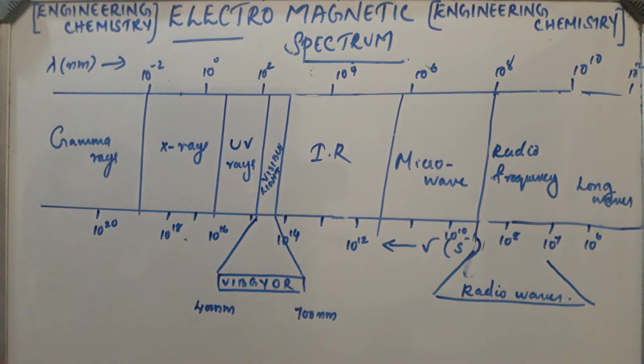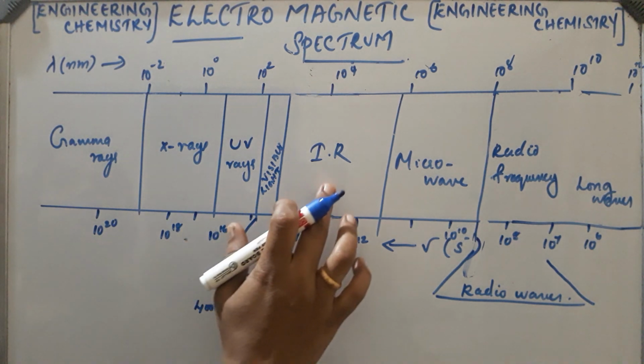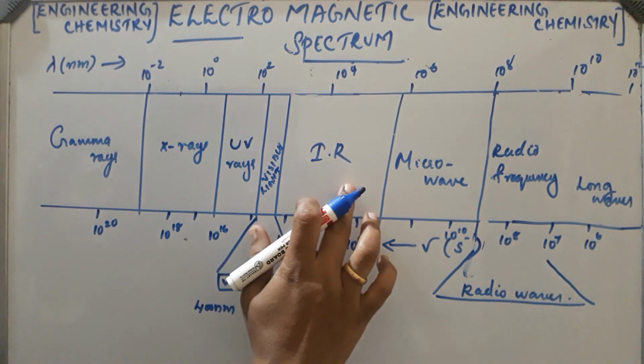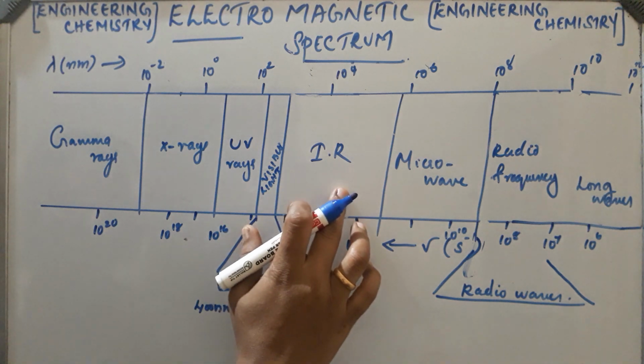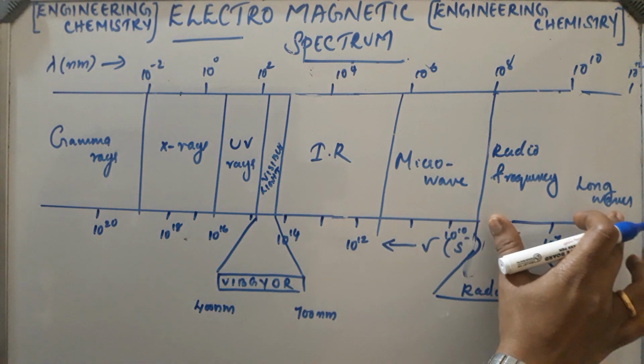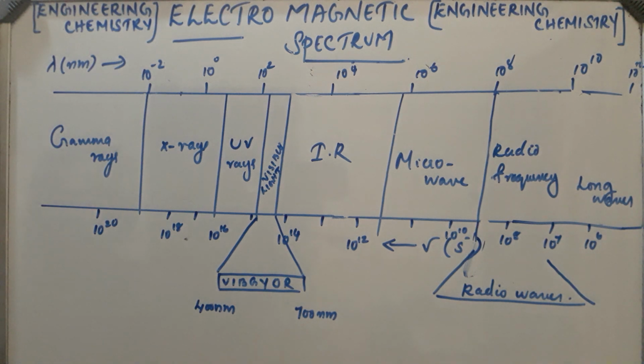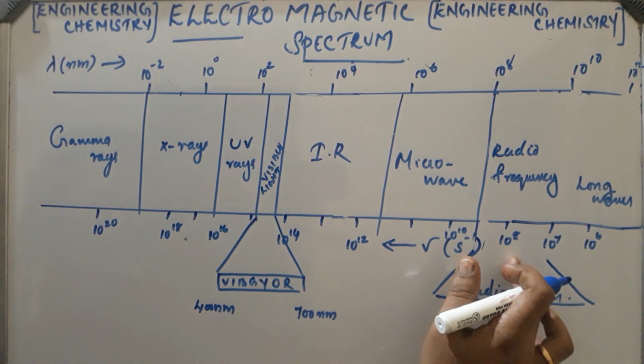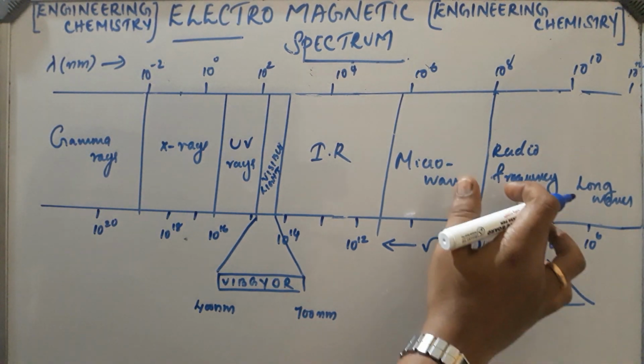Violet has a wavelength of 400 nanometer, and red has 700 nanometer. Next rays are IR, then microwave, radio frequency, and the last one is long waves. This is the region where radio stations work at these frequencies.